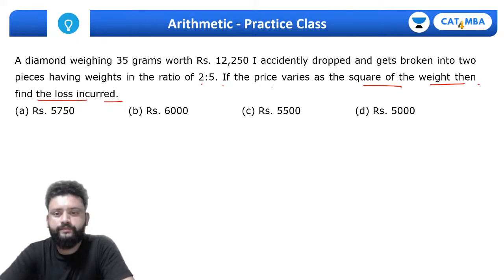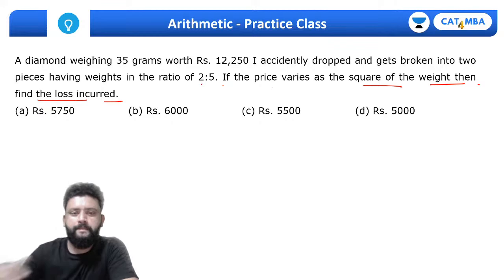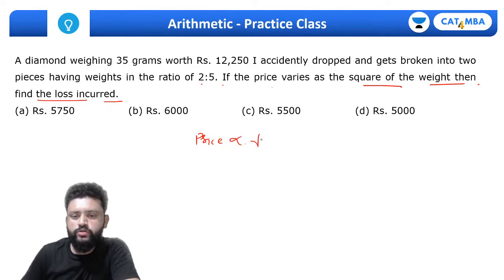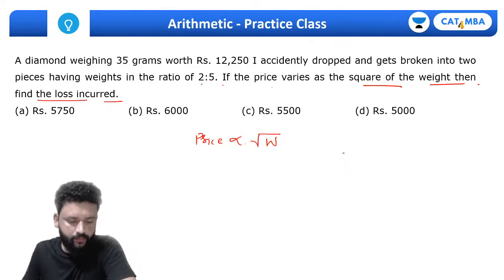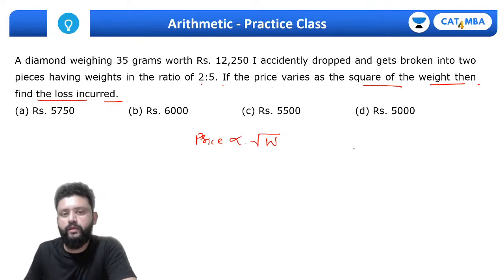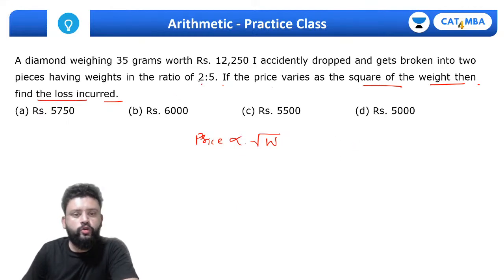Anyone? So the price is directly proportional to the square root of weight. 2 is to 5, in the sense the total is 7.